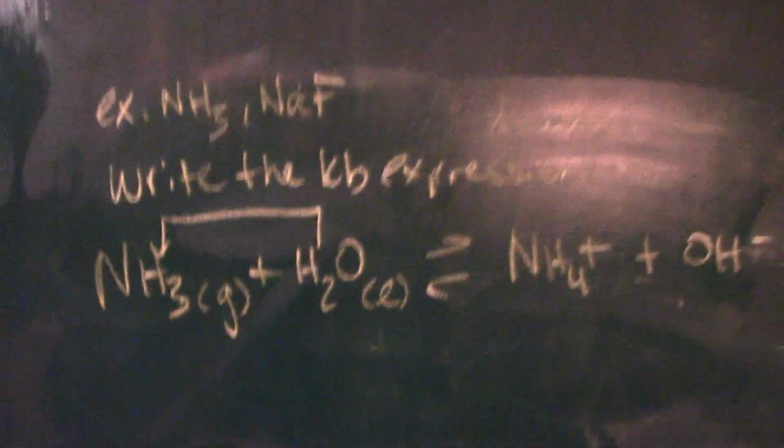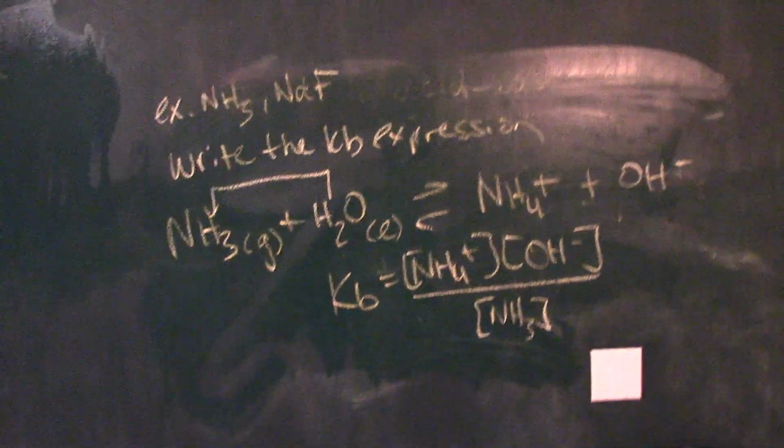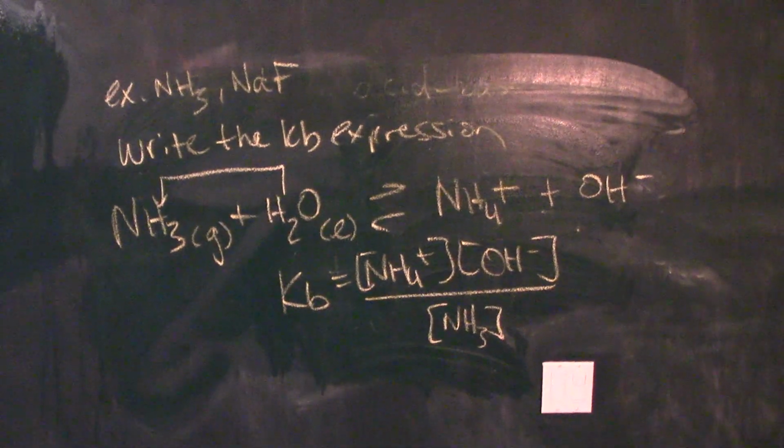So there's your equation. And when we write the Kb expression for this, Kb is going to equal the concentration of NH4 plus times OH negative over the concentration of the weak base, which is NH3. Okay, so there's your Kb expression for that.